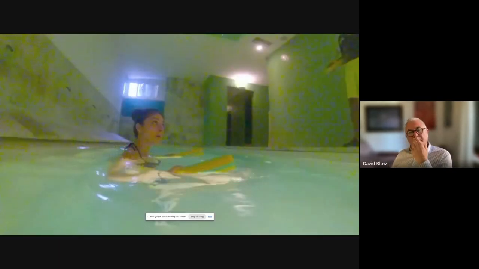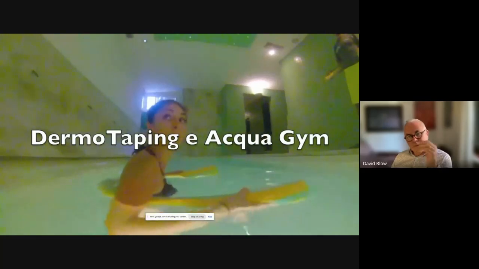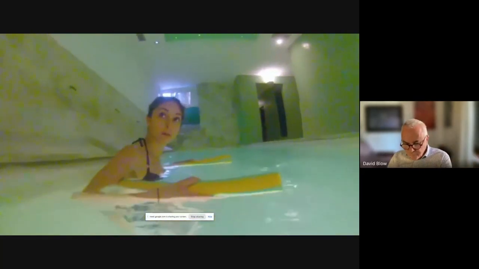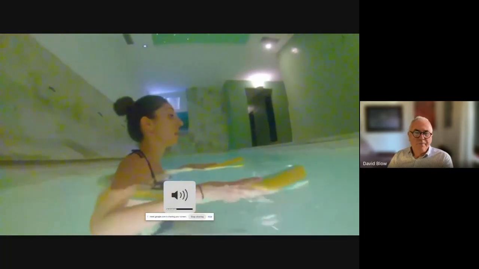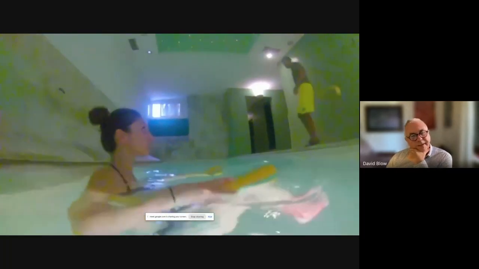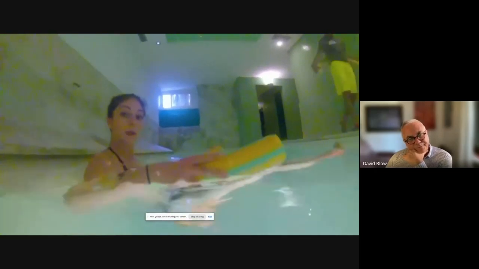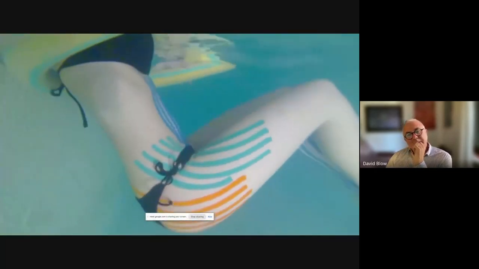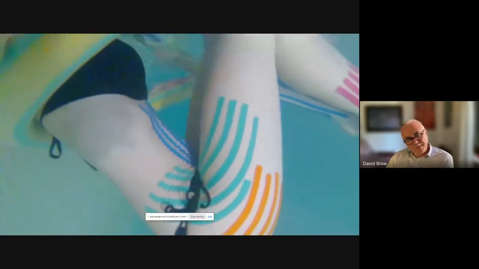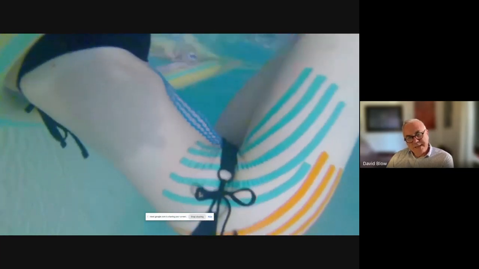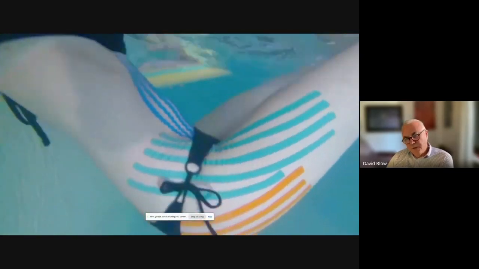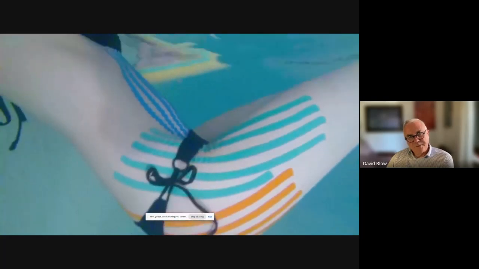Also here, this is just a short film that I did on the application of the tape and its activation, in this case through just an aqua gym. You see how the tape is on the abdominal area, in the inguinal area, in the buttocks area, and so through flexion and extension.